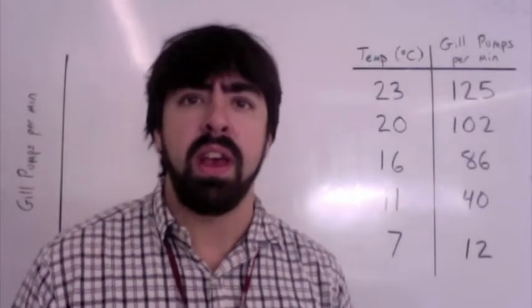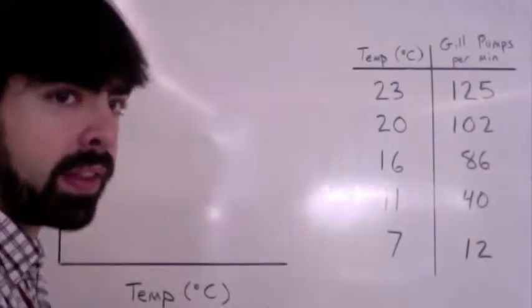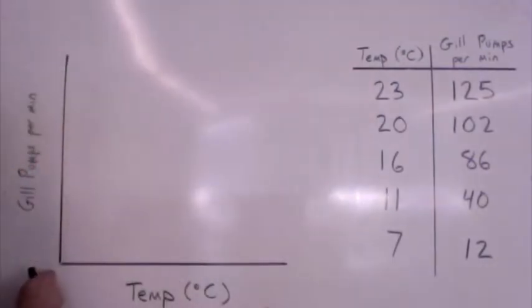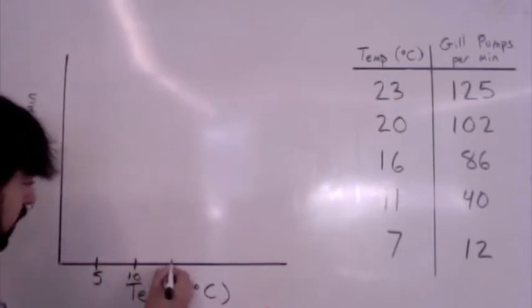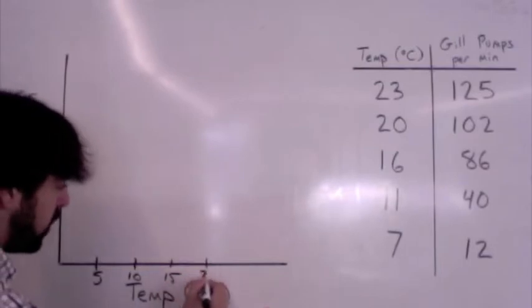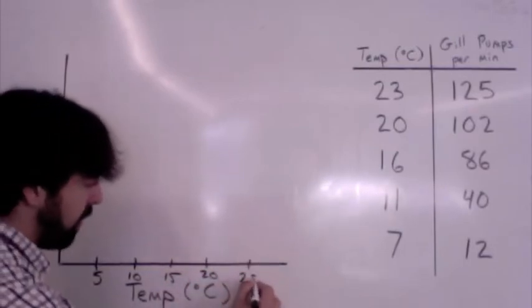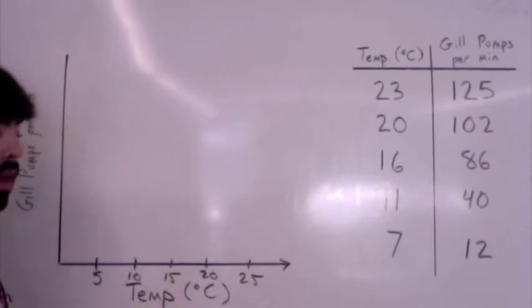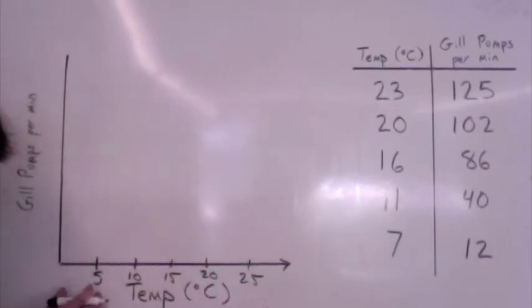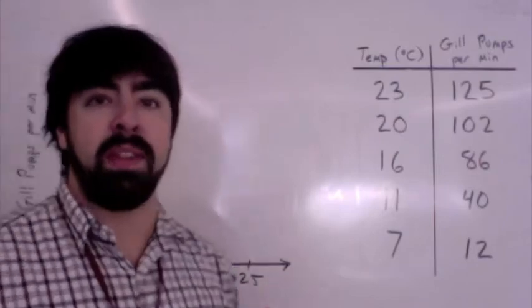You'll get the hang of picking that out as we go along in the year. So our origin down here is always going to be 0. And then we're going to have 5, 10, 15, 20, 25, equal intervals, as equally spaced apart as I can.